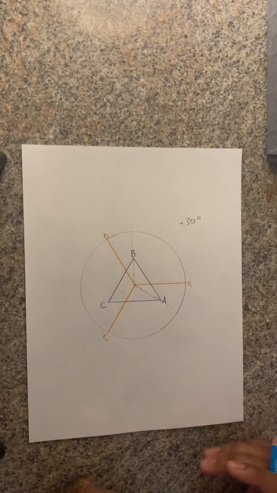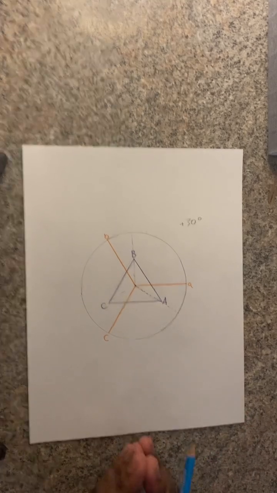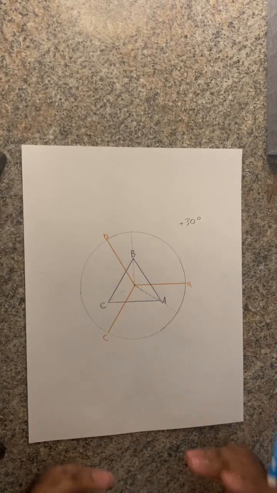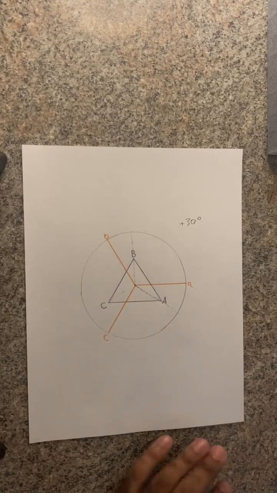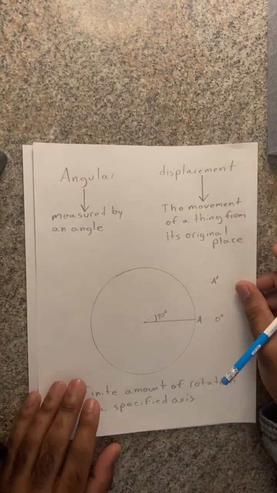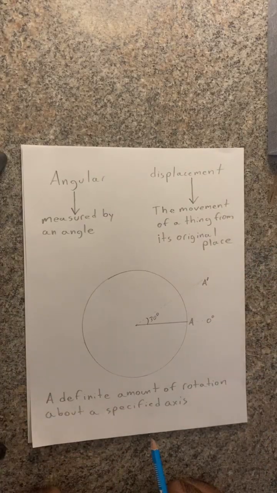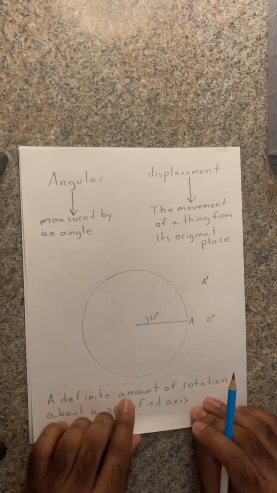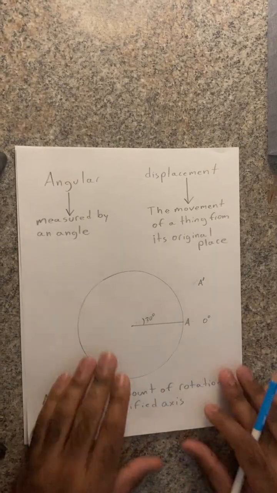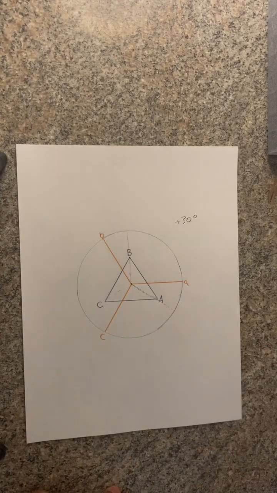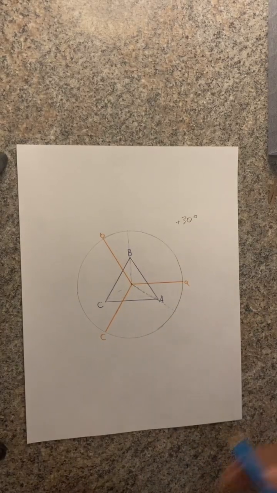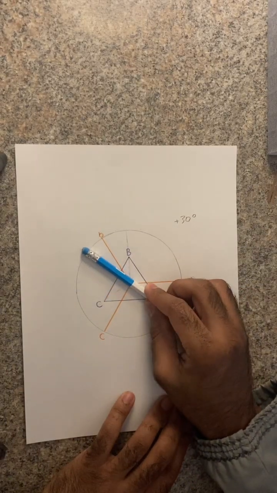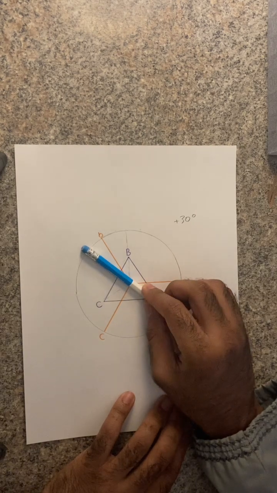In other words, to sum everything up into one simple statement, the angular displacement, as we stated before, is a definite amount of rotation about a fixed axis. Here, we see that the rotation is on this fixed axis, which is here.